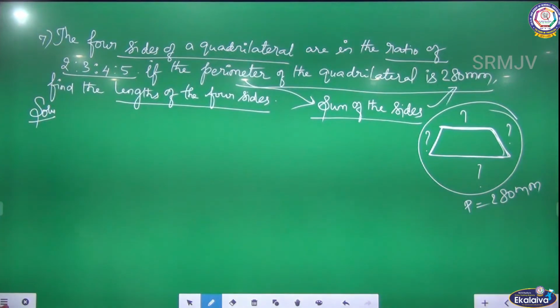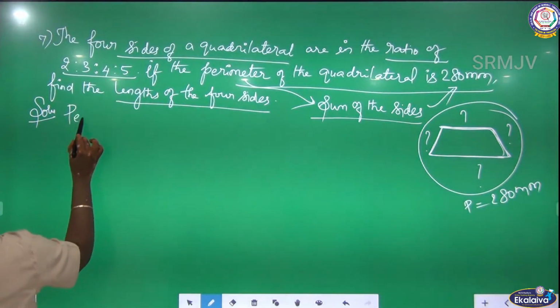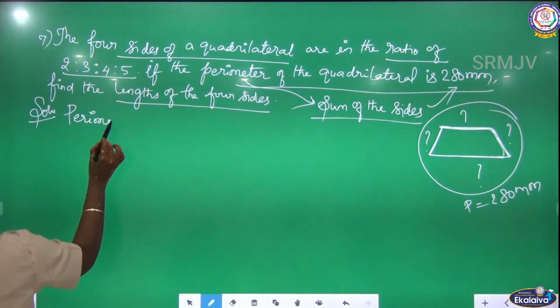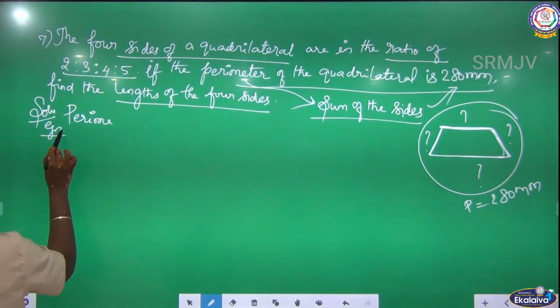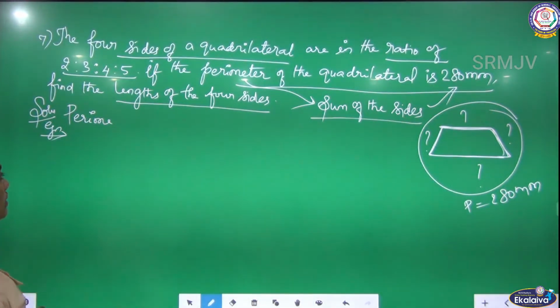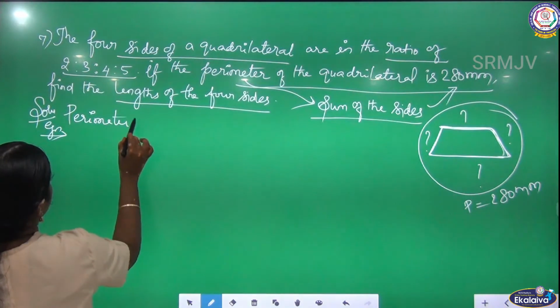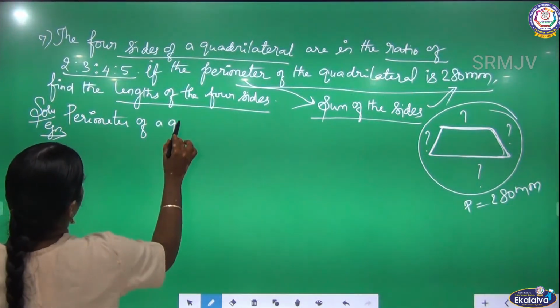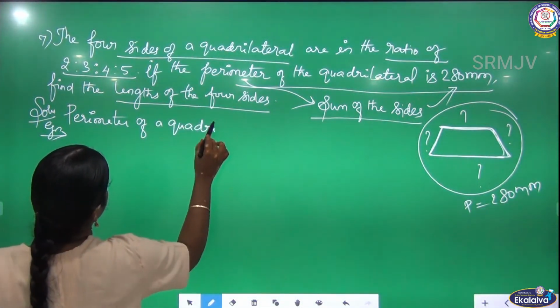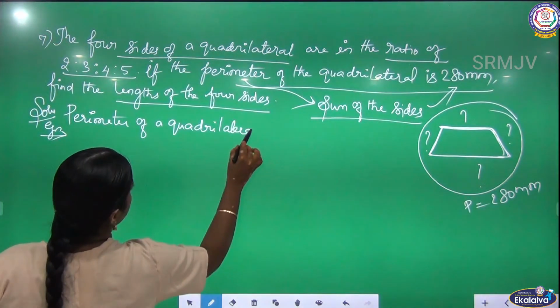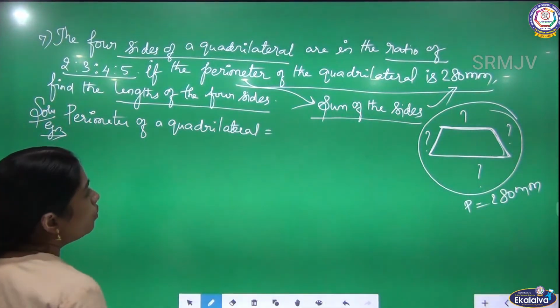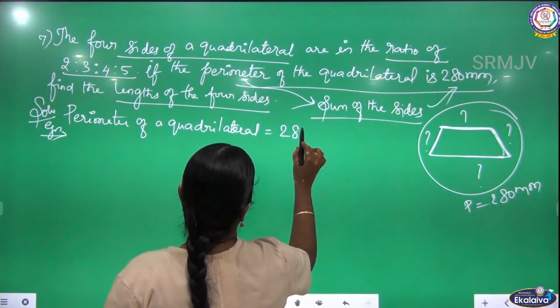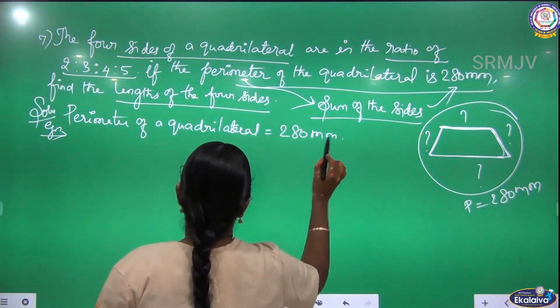So, the perimeter, which is given in the question. The perimeter of the quadrilateral given in the question is 280 millimeter.